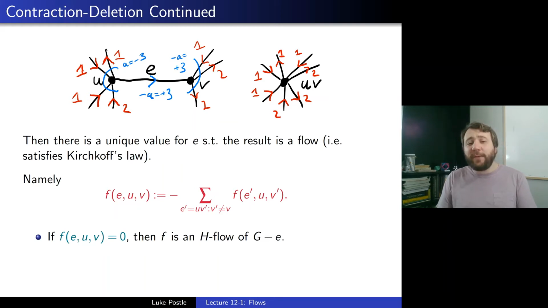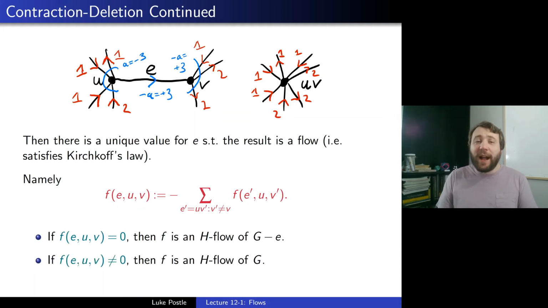There's one where f is 0. In the picture the number was 3, but it could be that they already summed to 0, and then you don't need to put anything. That's exactly the case where what we have is already a flow of G minus e. And then the other case is that it's non-zero as depicted, and then you'd actually get a real flow, an H-flow of G.